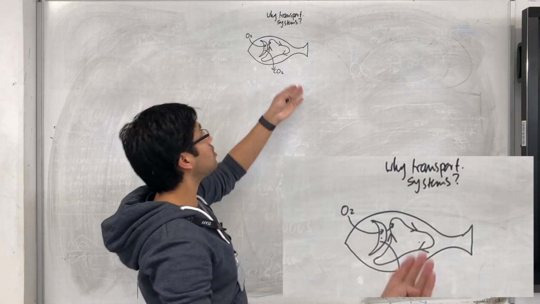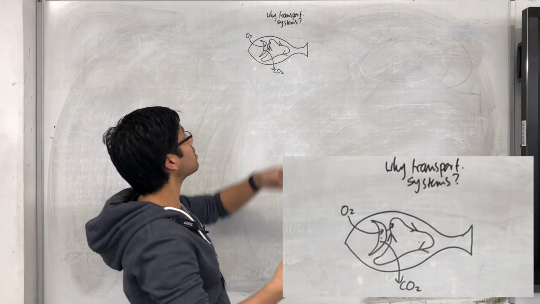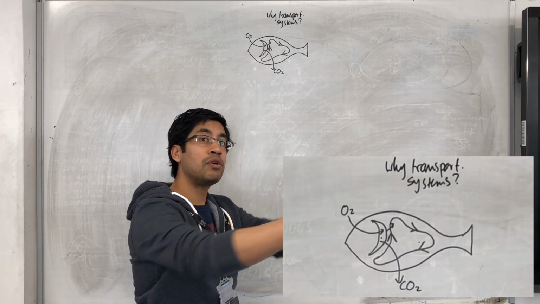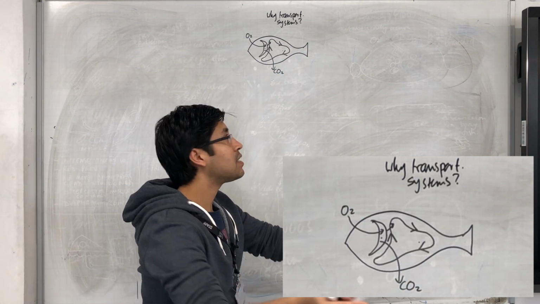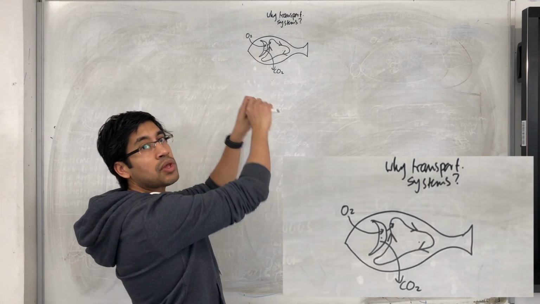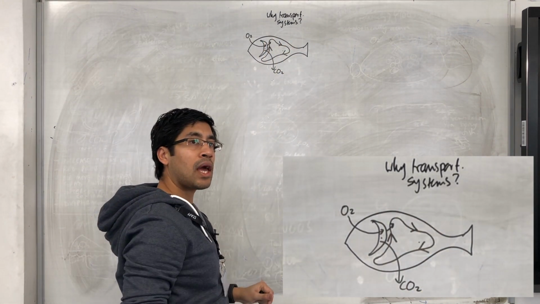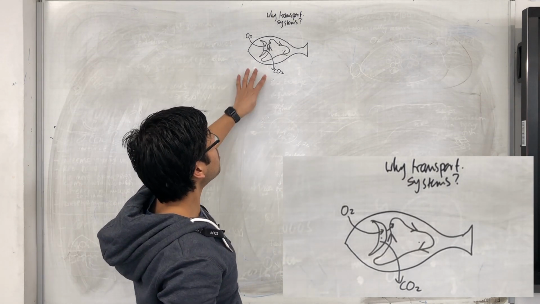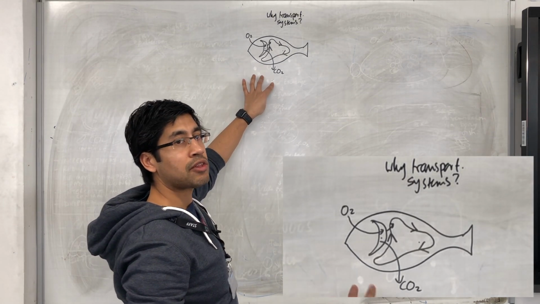And by a similar argument, it would take the CO2 that's being produced at all the cells and get it to the exchange organ so that the exchange organ can effectively remove it from the body. Okay? So that's why we need the transport system.